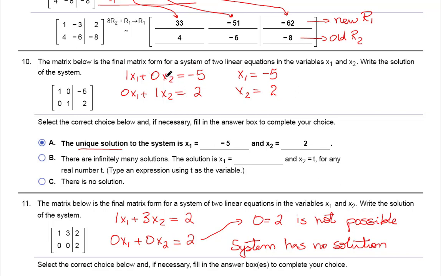Well, 0 times anything is 0, so that's not there. And so this would say that the solution to this system is x1 is minus 5. And similarly from the second one here, 0x1 plus 1x2 is 2, and so x2 is 2. And so the system would have a unique solution of minus 5 and 2.